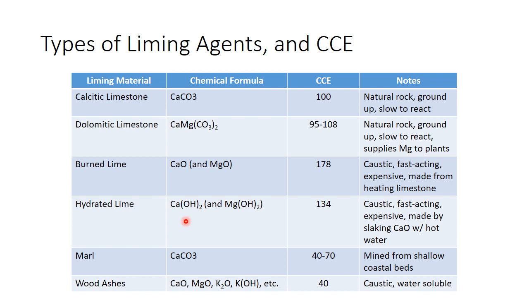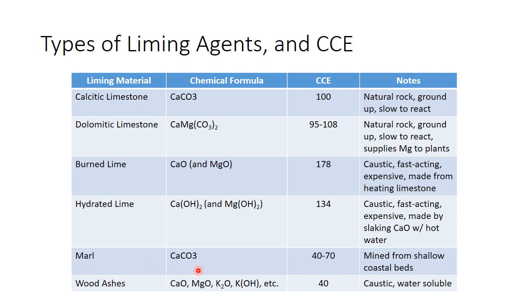It's not quite as effective as burned lime in terms of CCE. But in some cases that might be the only source. And some of these are just waste products from other industrial processes that you can buy and use, or be given from a company that's trying to get rid of it, and you can use it as a liming source. So that's why you might do something like hydrated lime.